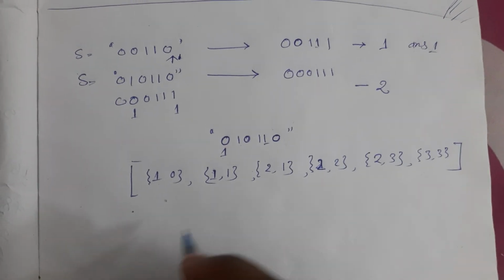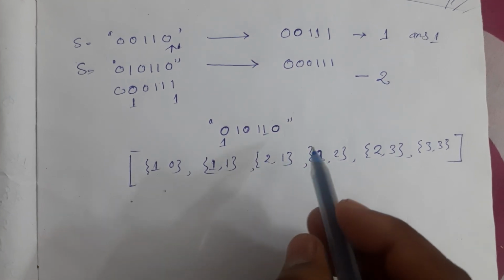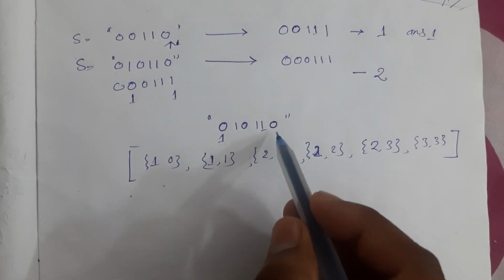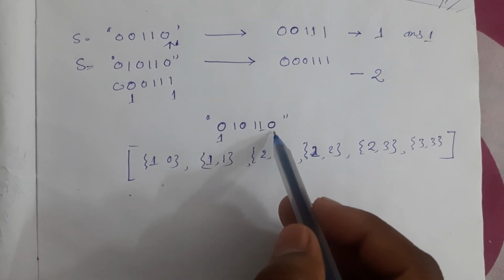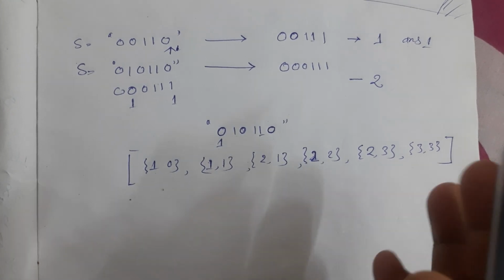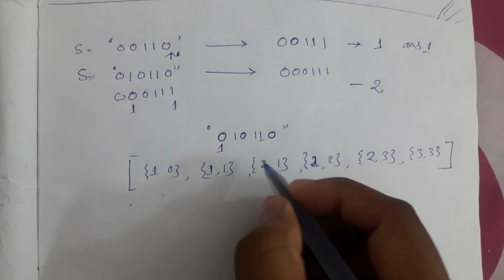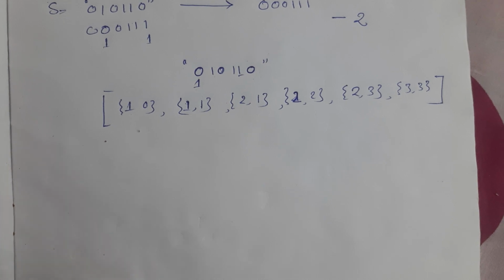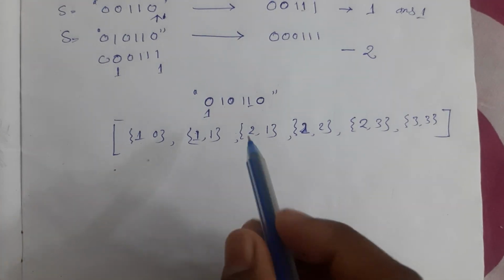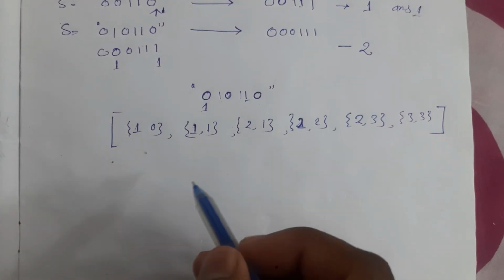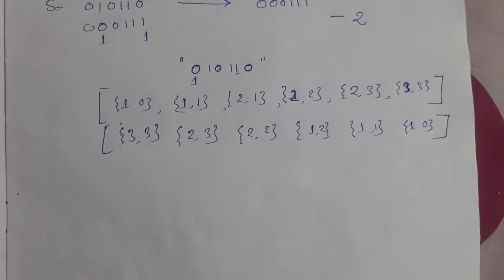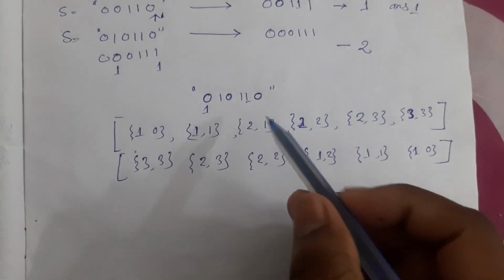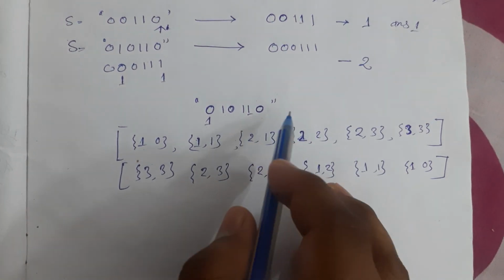Now I will write down the back array, which will calculate the number of 0s and the number of 1s from the right-hand side.